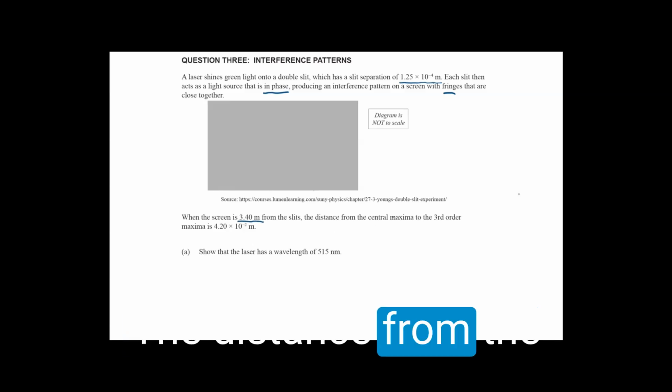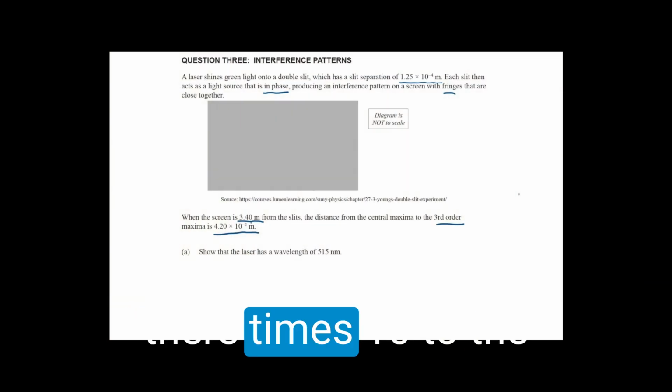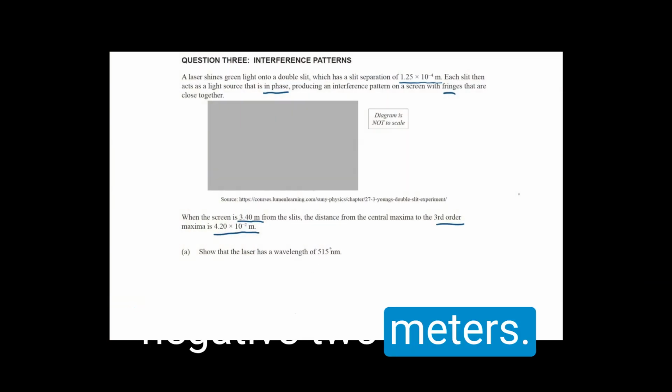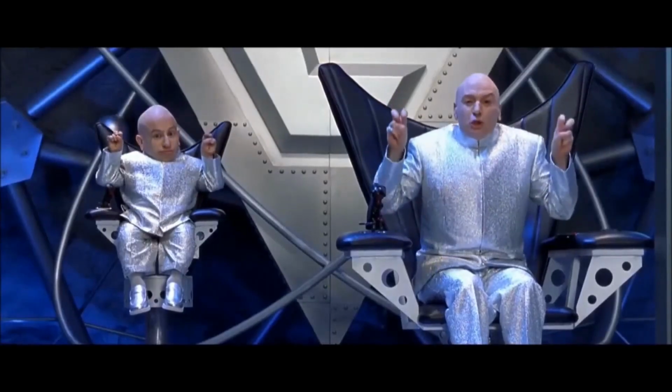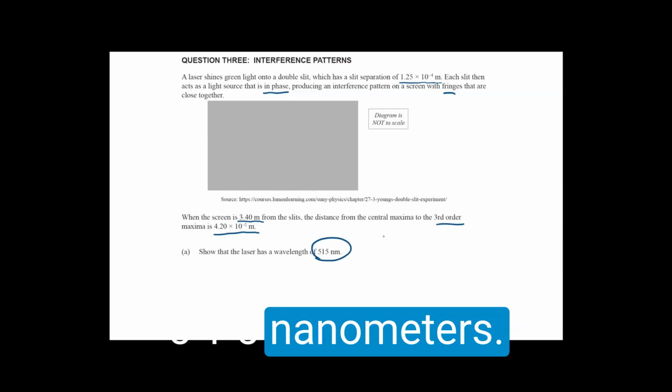The screen is 3.40 meters from the slits. The distance from the central maxima to the third order maxima is 4.20 times 10 to the negative 2 meters. I think NZQA is having a joke there. Show that the laser has a wavelength of 515 nanometers.